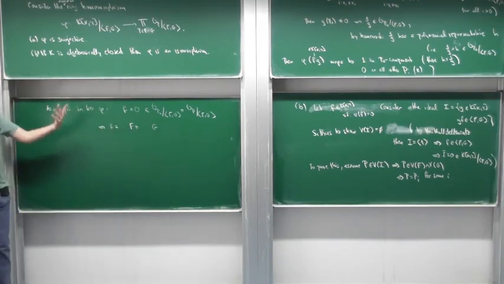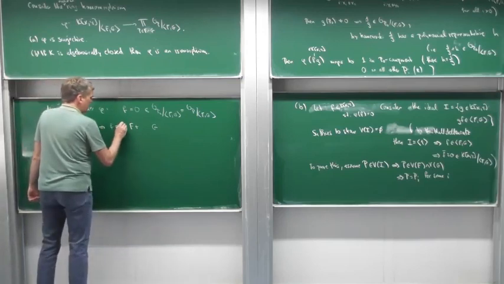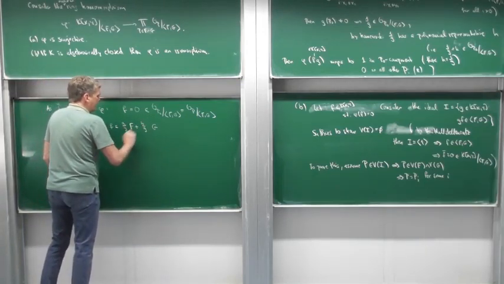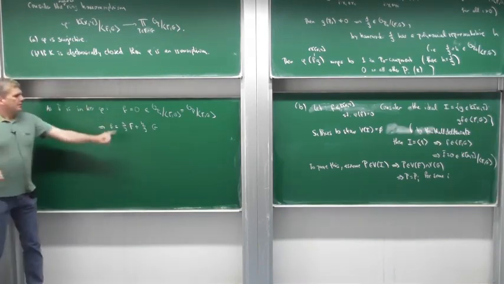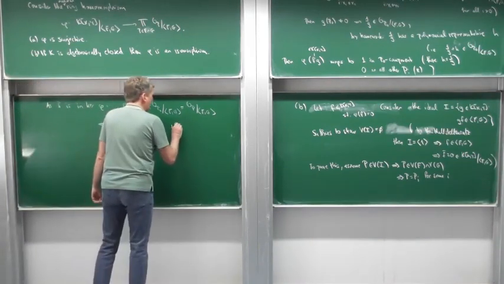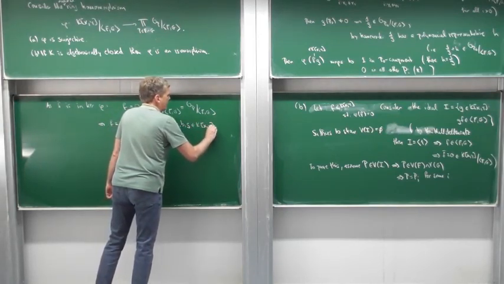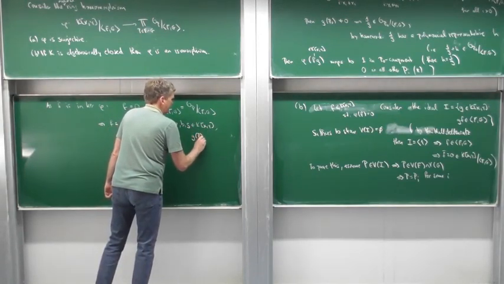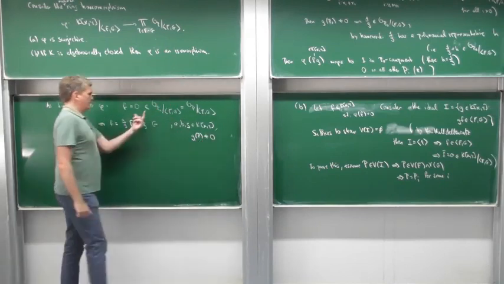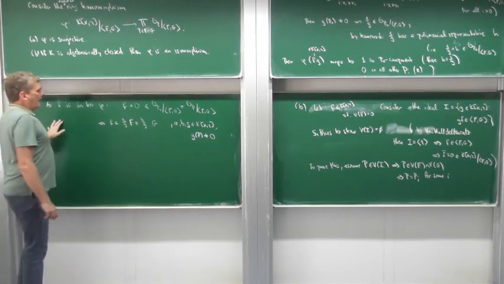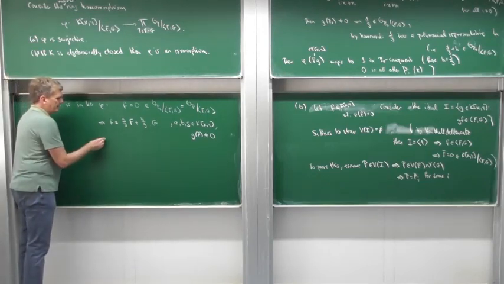And the elements here would be quotients of polynomials. So we could write it as something like A over G plus B over G, where A, B, and G are polynomials in X, Y, and G at the point P is non-zero. And that's what the elements in the ideal look like. Well, what does that mean?